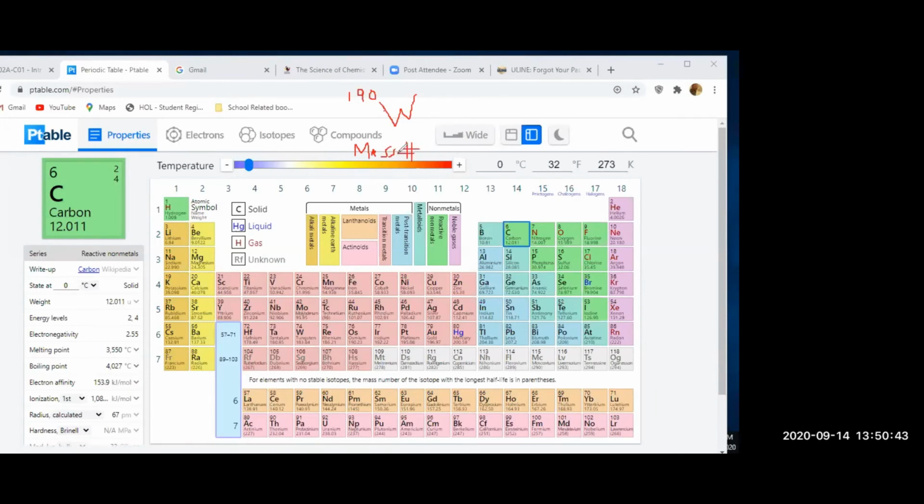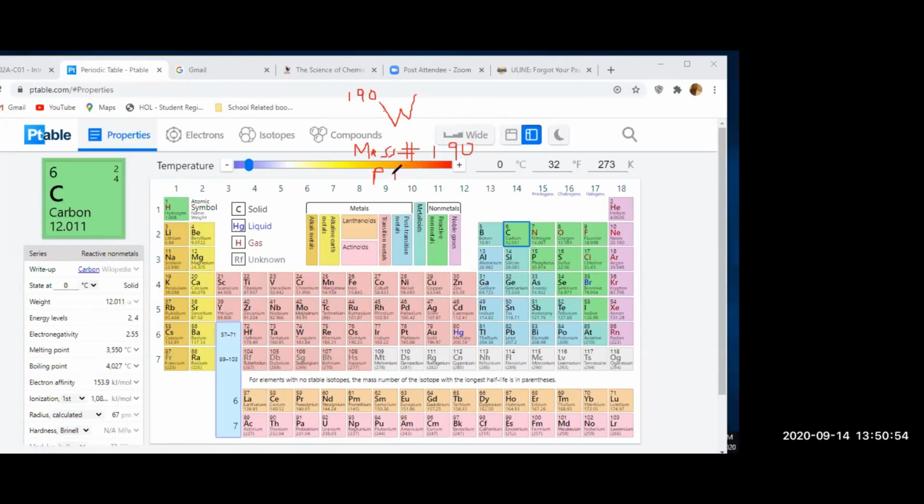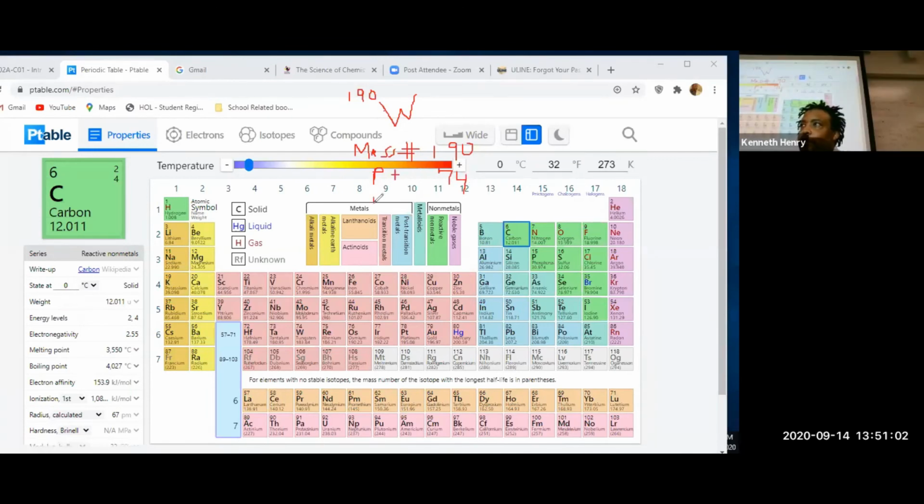190. What is the number of protons? 74. Number of neutrons? 116. Number of electrons? 74.